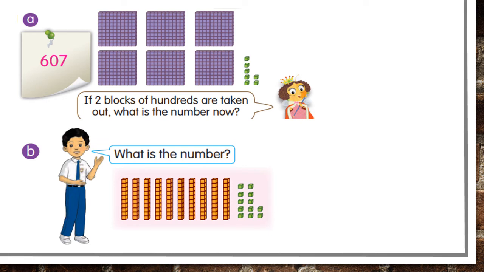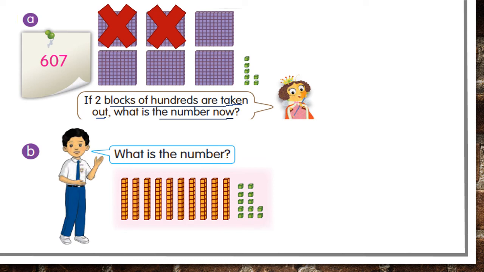Let's answer this question. Question A. If 2 blocks of hundreds are taken out, what is the number now? Taken out means we throw out or we eliminate 2 blocks of hundreds. So we just erase the 2 blocks, 1, 2. Then what is the remaining blocks of 100?